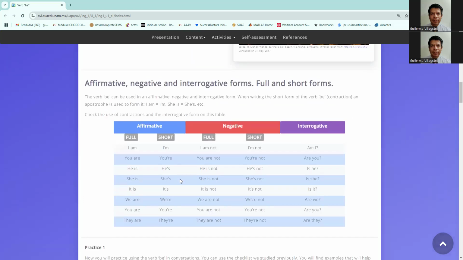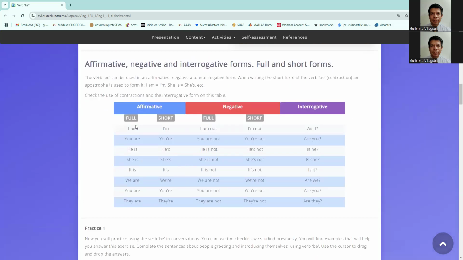And we have this table that I mentioned previously, where you have the affirmative, negative, and interrogative forms. And you have to learn to use contractions also.